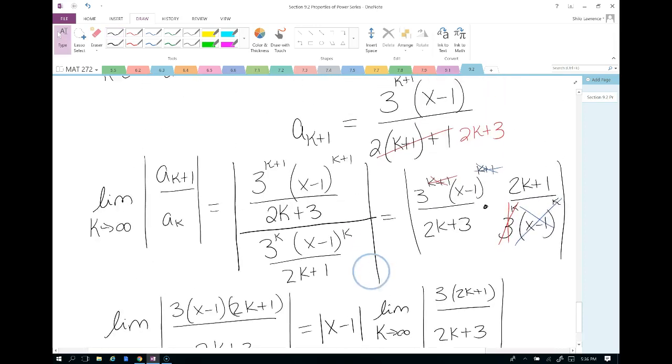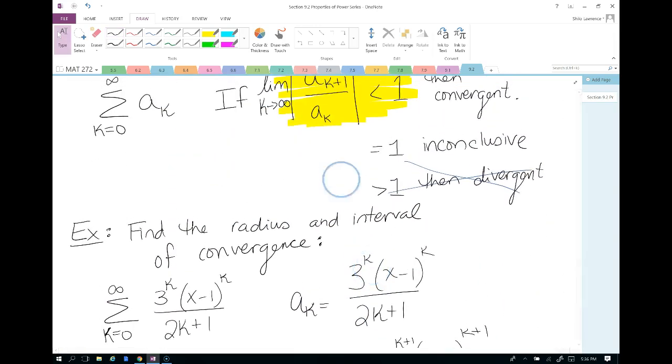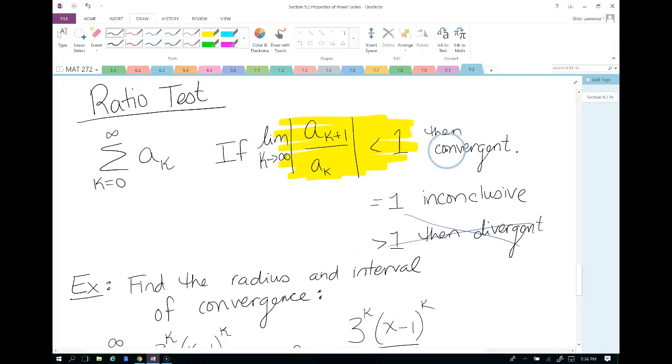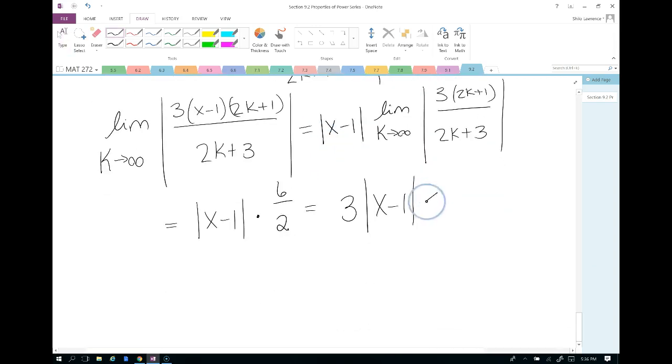And remember, we're only interested in when this series is convergent, which means I need that limit to come out less than 1. So we ourselves get to say this is less than 1 because we only want convergence. It must be less than 1.